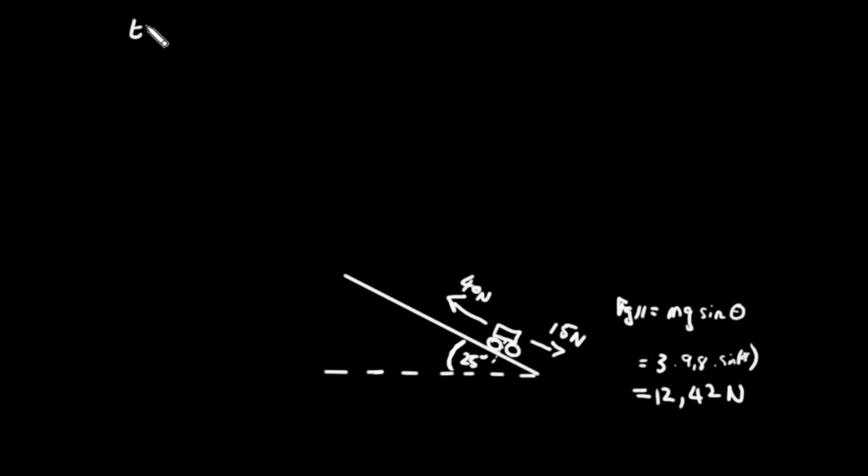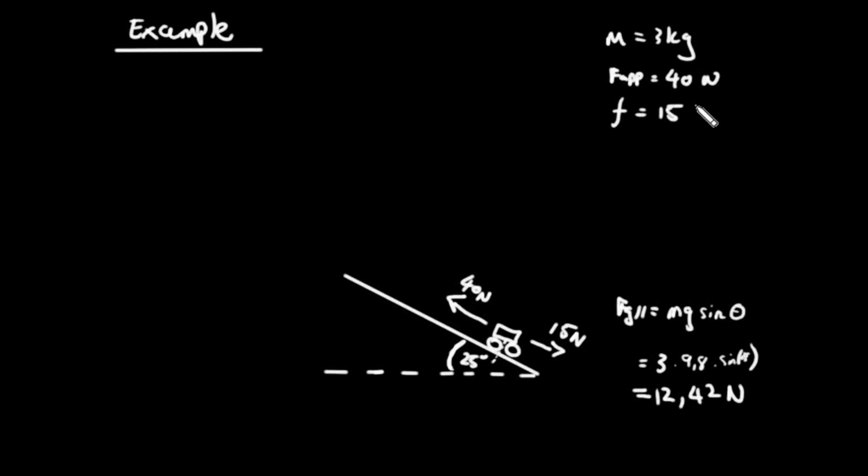Okay, to this example, I'm going to write it out here. What do we have? The mass was equal to 3 kilograms. They told us that the force applied was 40 newtons. I'll go back to the question to make sure in a little bit. We know that the force of friction was equal to 15 newtons, and we worked out that the FG parallel component, parallel to the incline, was 12,42 newtons.